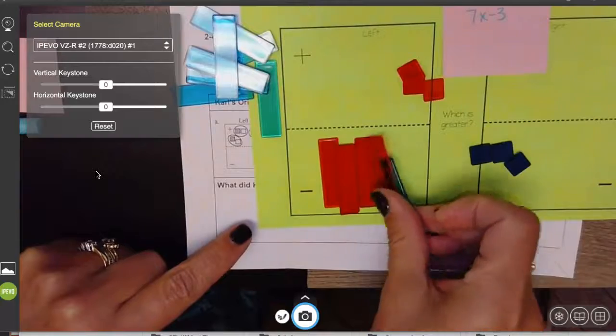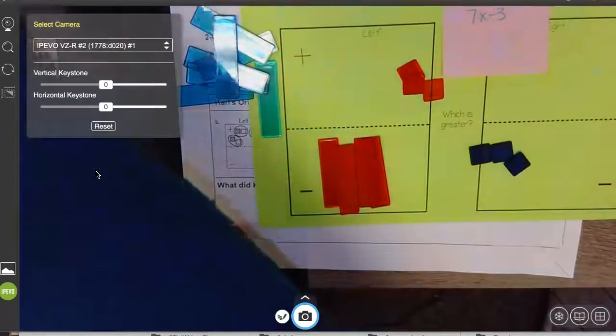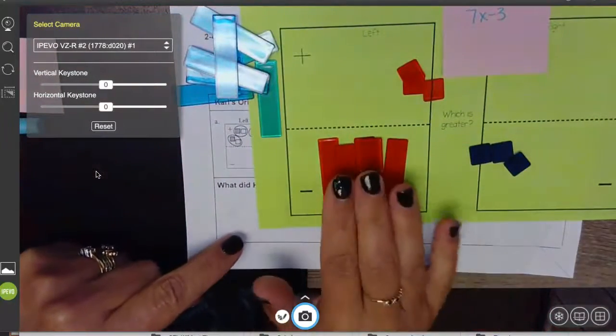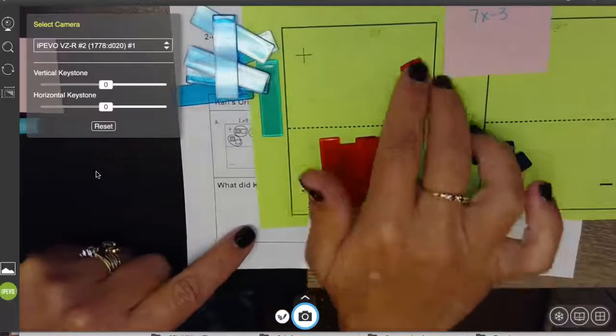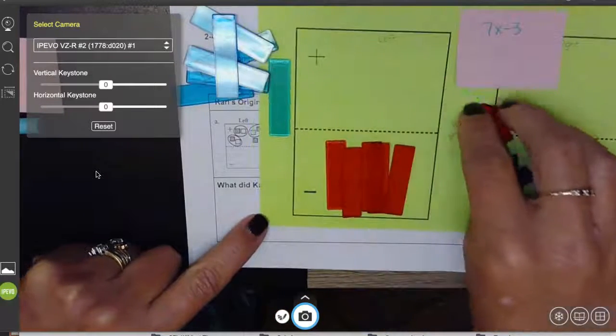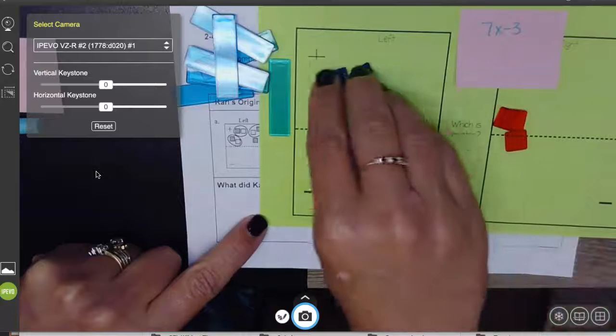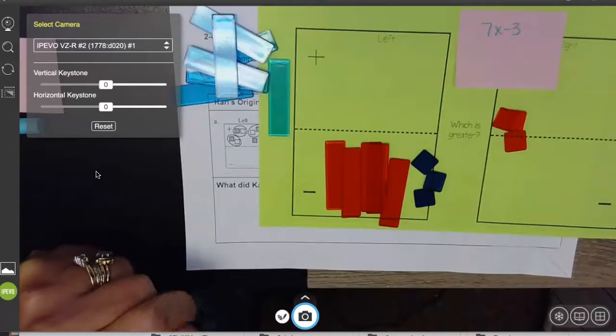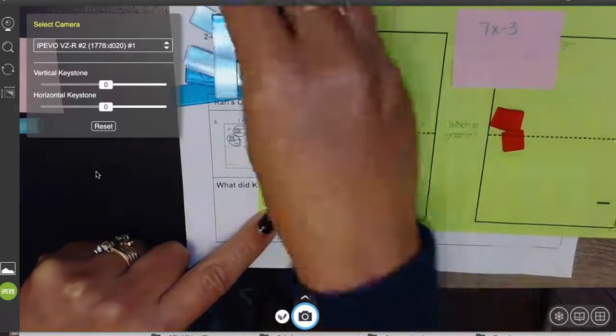So that would still give you a positive 7. So you could show it this way with 7 of these red tiles. You could keep your negative 3 up in the positive here, or you could put your positives back down here. So there's about 4 ways that you could show that problem.